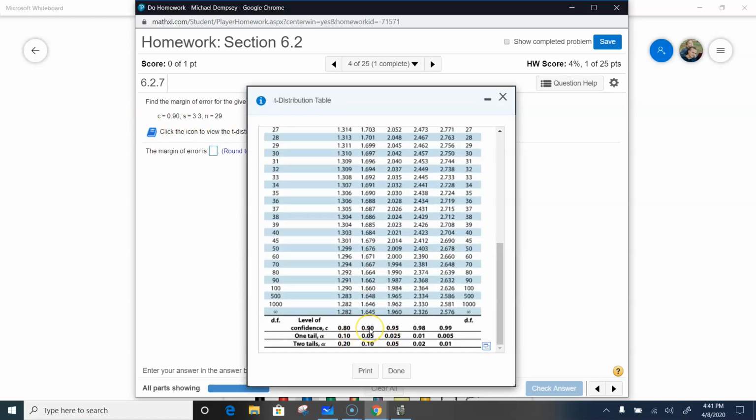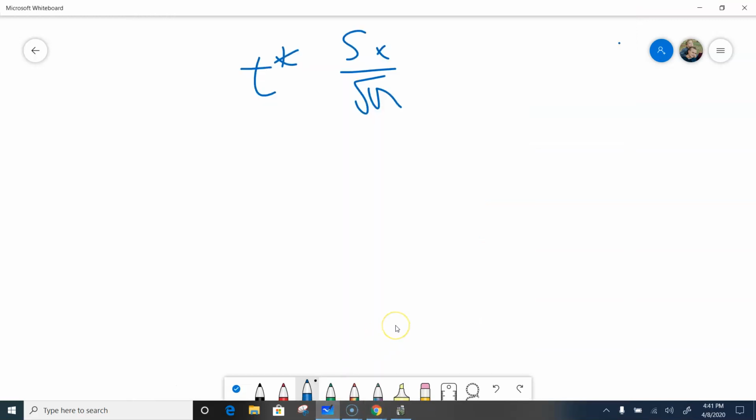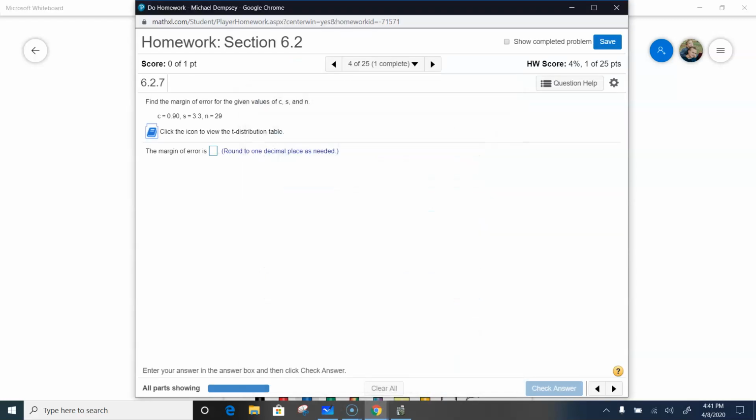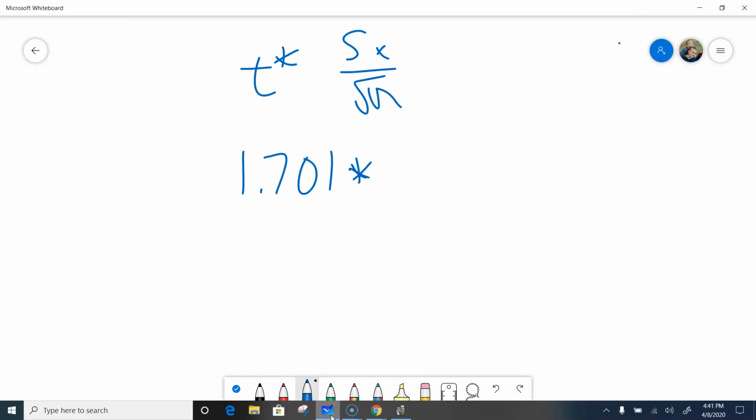So I can see 90% right here, 28 degrees of freedom, so it's 1.701. So I'm going to have 1.701, and then we're going to multiply that by sample standard deviation, which they ought to give me, 3.3, divided by the square root of 29. Okay, that's our margin of error.